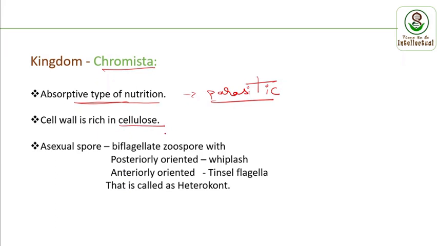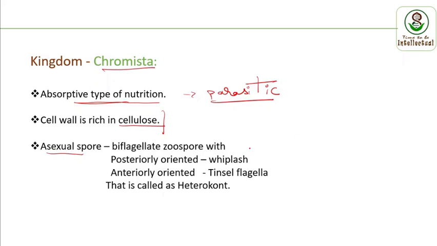See, it is still a lower fungus, not a higher fungus. In higher fungi the cell wall is rich in chitin, but here it is still rich in cellulose. So remember that until you reach the true fungi kingdom, cellulose will be the chief component. Now let's see the asexual spores.